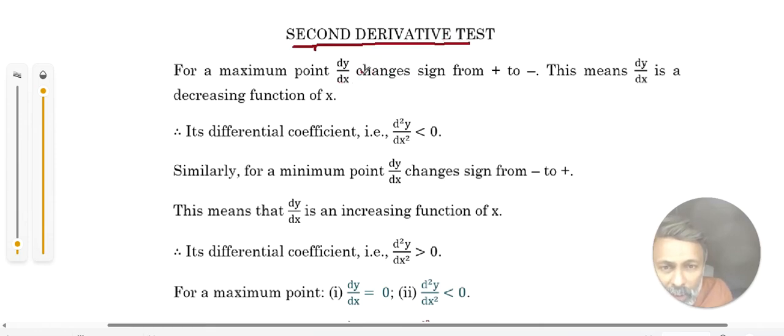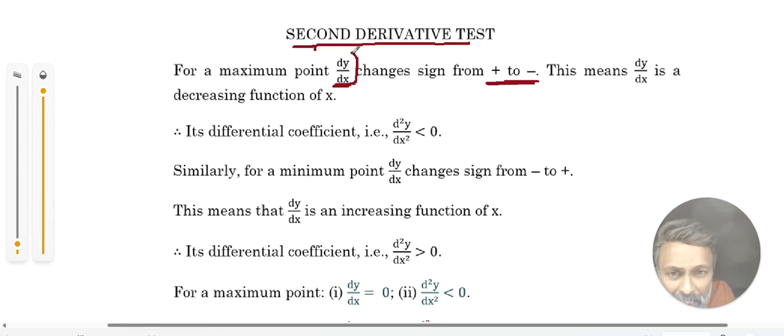We begin now with one more way to find maxima and minima, which is called the second derivative test. Now, in the earlier point, if you can recall, for the point P, the sign was changing from positive to negative, and there we got a maxima. This means that the derivative dy by dx is decreasing because it is changing from plus to minus.